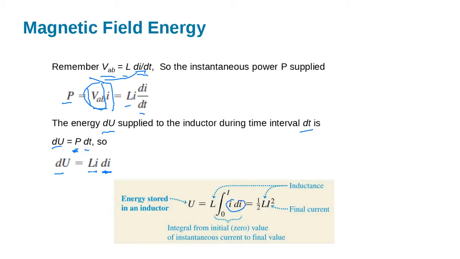We can take the inductance L out of the integral, and then we're going to integrate the current from 0 up to a final current, which we'll call big I. If we take the integral of that, it's going to be half L I squared. So the energy stored in an inductor is half L I squared.